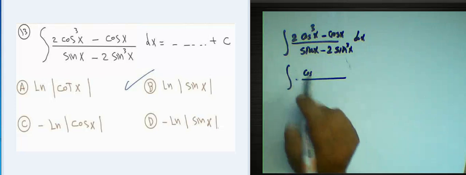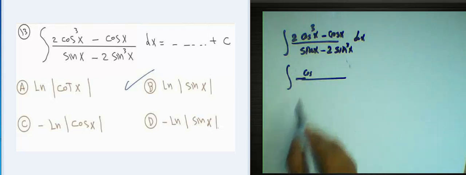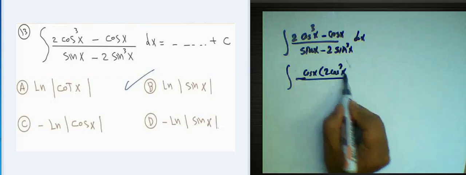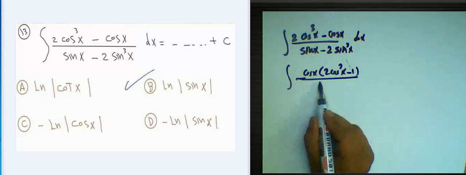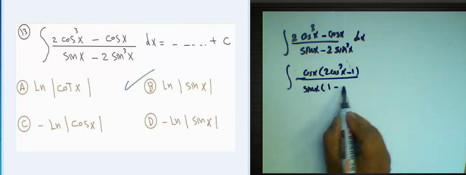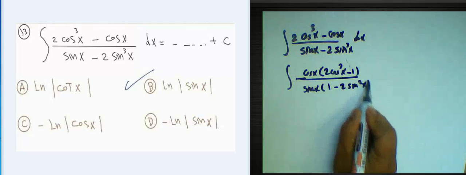cosine x as the common factor between the two terms, so cosine x outside, then the result will be 2 cosine power 2x minus 1. And write sine x as the common factor between the two terms in the denominator, it will be 1 subtract 2 sine power 2x, dx.